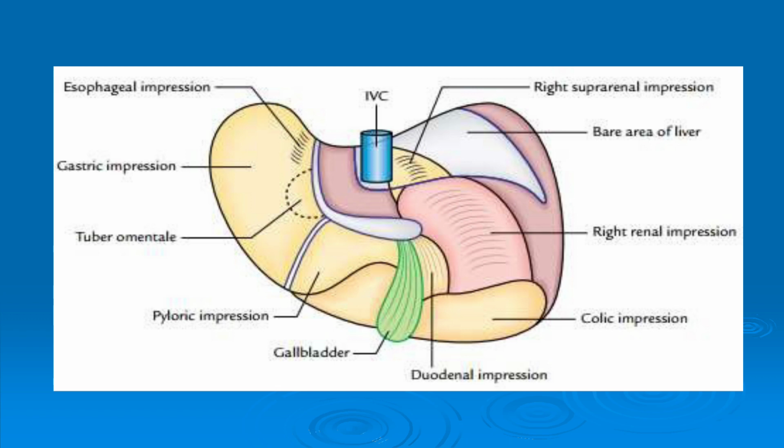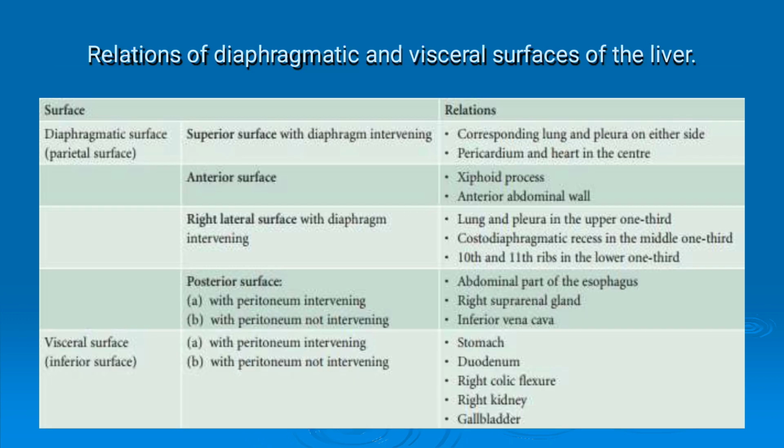This is a tuber omentale. This is a pyloric impression because the pylorus part of the stomach lodges here. This is a gallbladder. We already seen this is a duodenal impression.